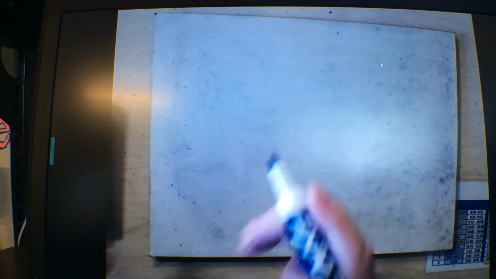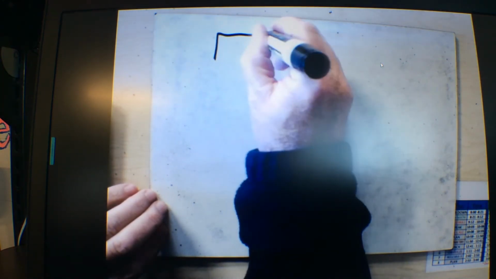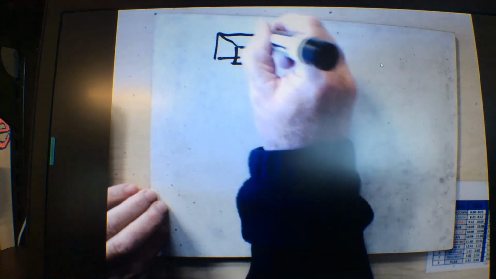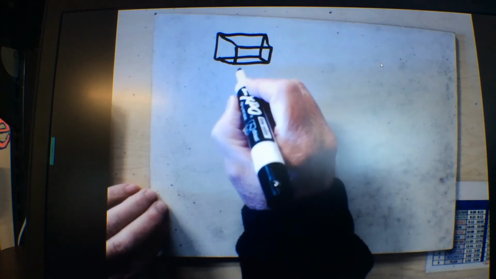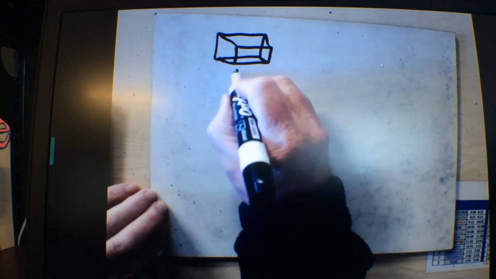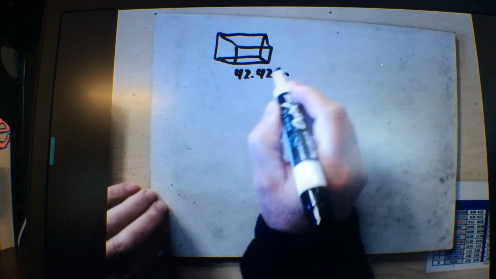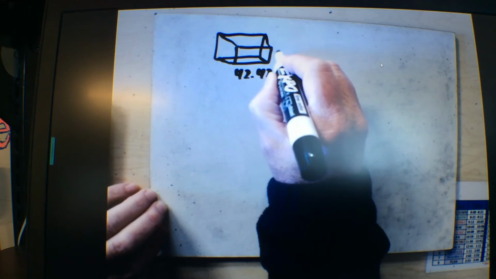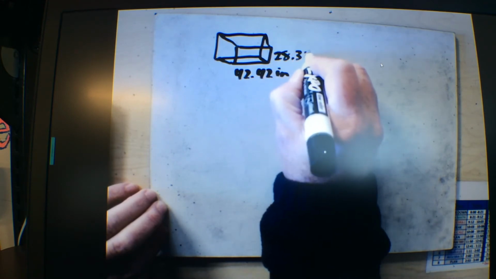Okay. So I have this rectangular box, right? I'll draw it. Okay? And the front of it is 42.42 inches. Okay? The side of it is 28.3 inches.